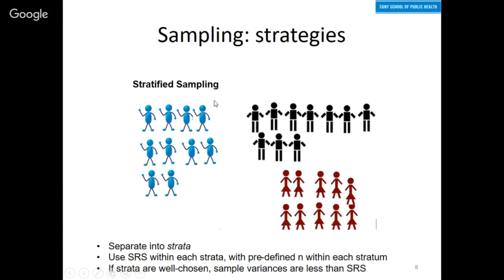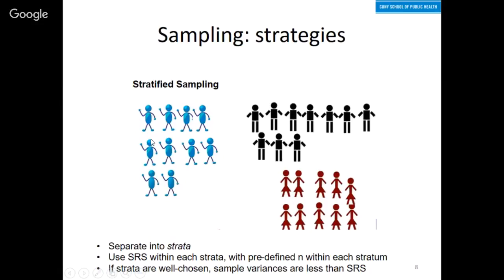Stratified sampling is where we have so-called strata in the population. So we have different subsets of the population who we want to treat differently and sample separately from each one of them. So we have the blue creatures, we have the restroom male figures and the restroom female figures.